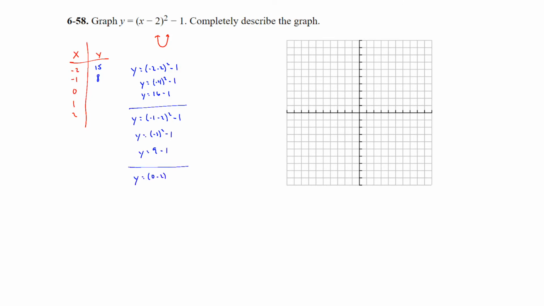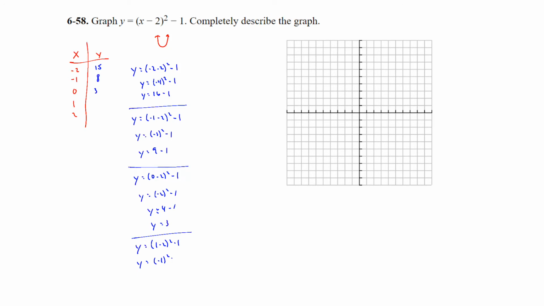Now we go to 0, and we just keep doing this. (-2) squared is 4. 4 minus 1 is 3. So that would be 3 here. Then 1 minus 2 is -1. (-1) squared is 1.